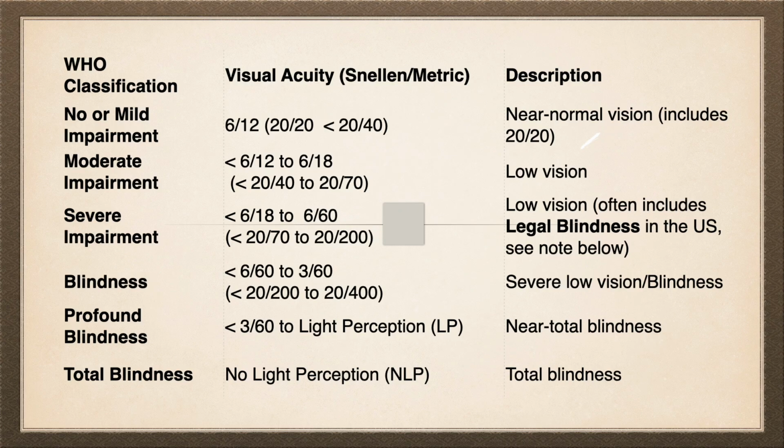The information will be provided using the metric system, where mild visual impairment is worse than 6/12 but better or equal to 6/18. Moderate is worse than 6/18 but better or equal to 6/60. Severe impairment, worse than 6/60, but better than or equal to 3/60. And blindness is worse than 3/60.